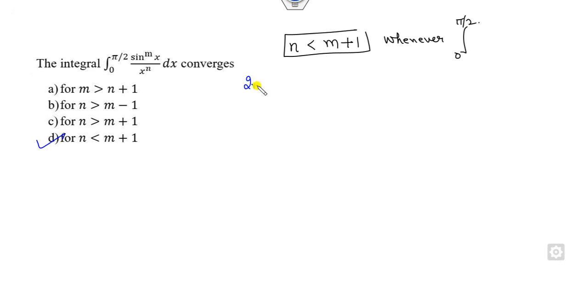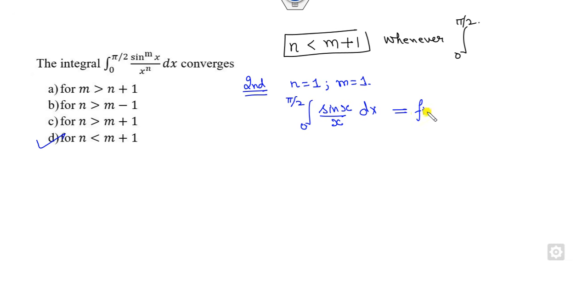Otherwise, if you forget this rule, you can simply take n as 1 and m as 1. So what is the first option? This integration becomes sine x over x. Clearly, 0 is not a point of discontinuity, and pi by 2 is not a point of discontinuity.